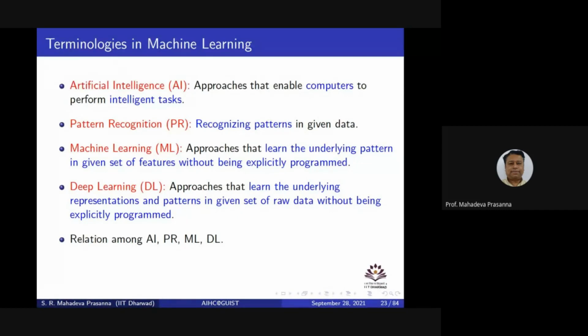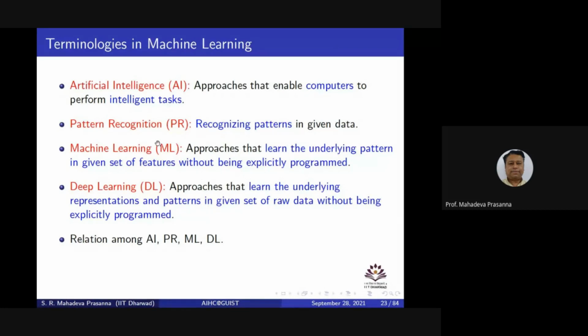Those tools, techniques, and approaches are all under this broad umbrella of artificial intelligence. So this field of artificial intelligence refers to the approaches that enable computers to perform intelligent tasks.